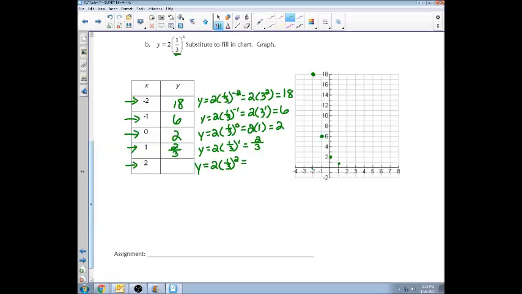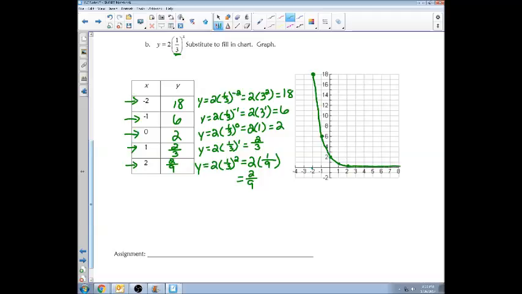Remember, I'm going to take the 1 raised to the second. If I take the 1 raised to the second, it's still going to be 1. I'm going to take 3 and raise to the second, which is 9. 2 times 1 over 9 will actually get me 2 over 9. Again, this is going to be extremely difficult to graph, but I'm just going to put it to where it's sitting on top of my x-axis. Go ahead and connect my points with a little bit of an arc.